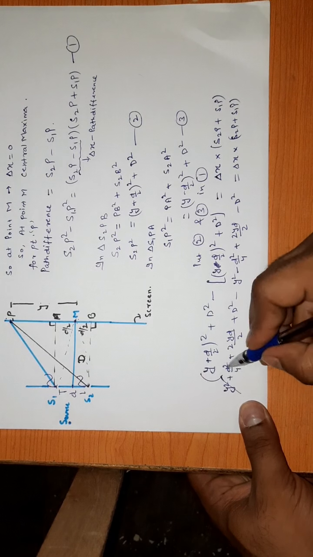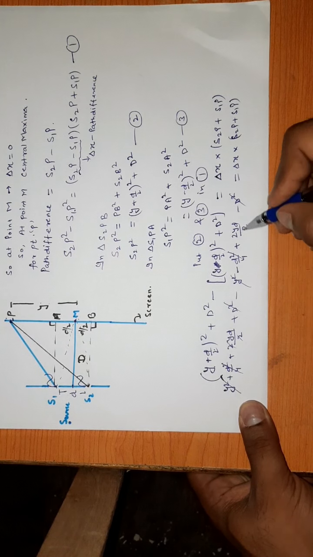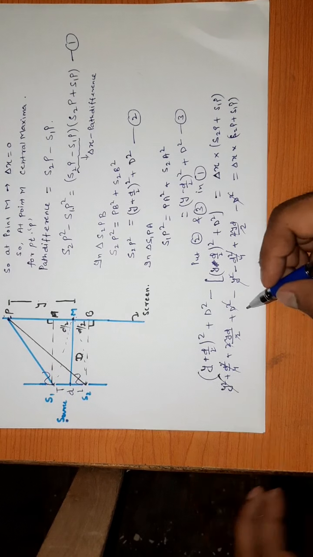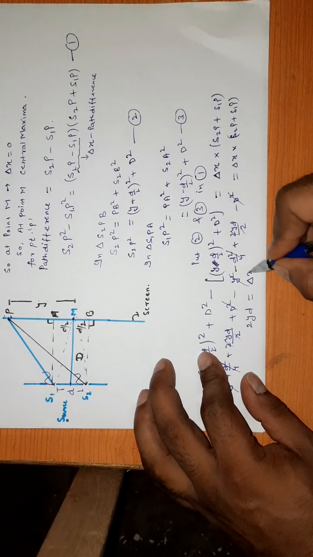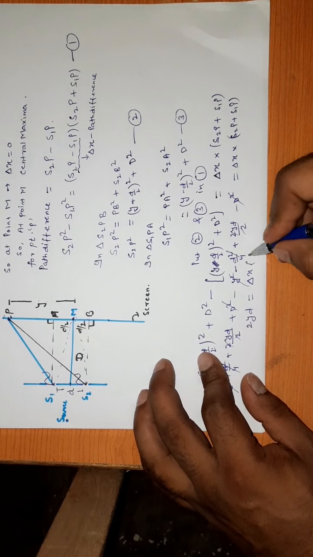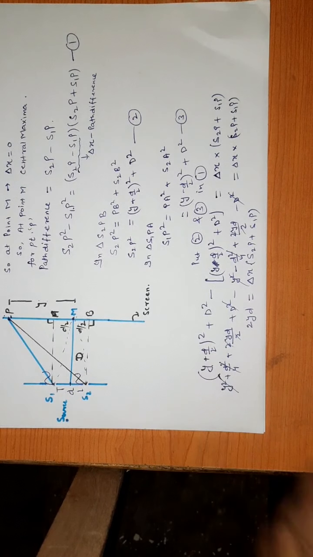All the terms will be cancelled out. What we get is only yd plus yd, how much is it? 2yd is equal to delta x into S2P plus S1P.